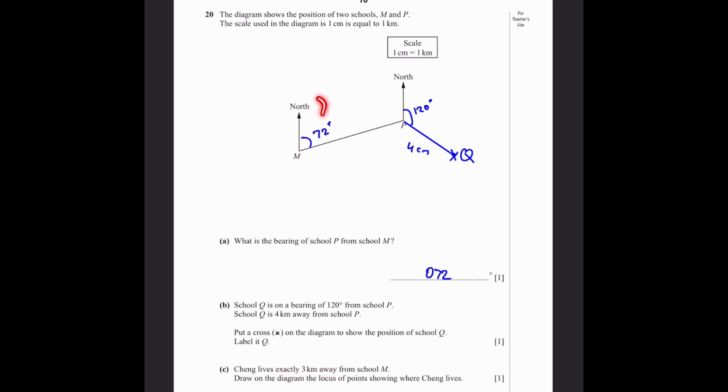So we need to draw a circle which is 3 kilometers, or using the scale 3 centimeters in radius. And the center is school M. I'm not exactly going to draw that, but I'm going to just show you how that looks.